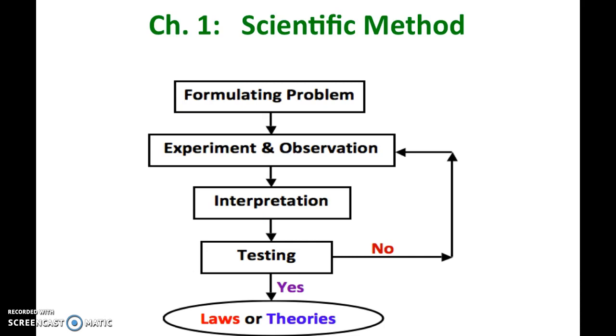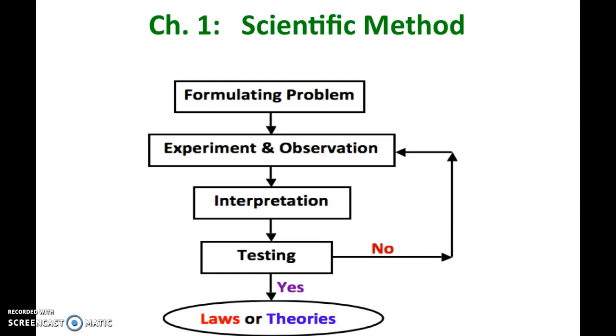This schematic shows the flowchart for the scientific method. If the interpretation does not pass the testing, then you need to go back to the second step. Do more experiment and observation.